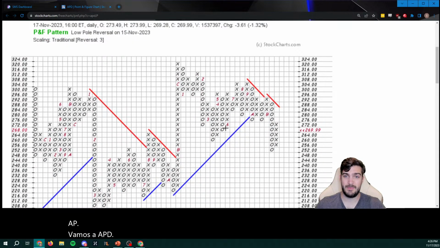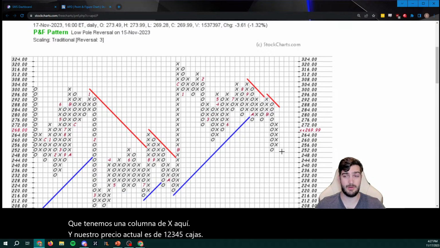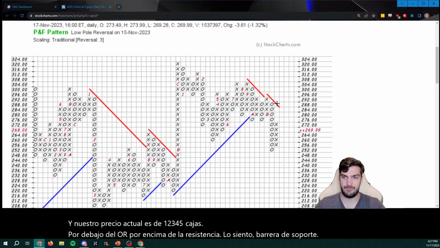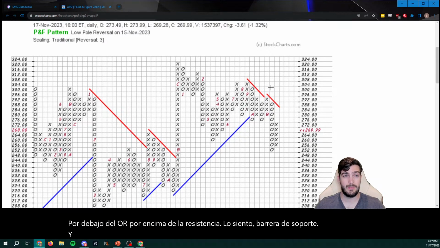We find that we have a column of X's here, and our current price is 1, 2, 3, 4, 5 boxes above the support barrier, and 1, 2, 3, 4, 5 boxes below the buy signal, the resistance barrier.